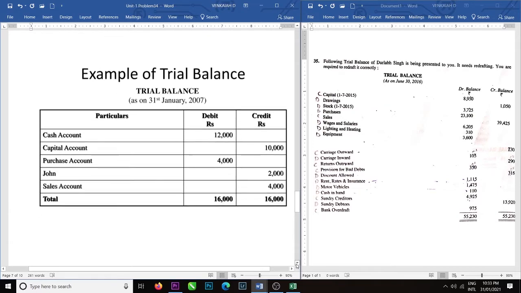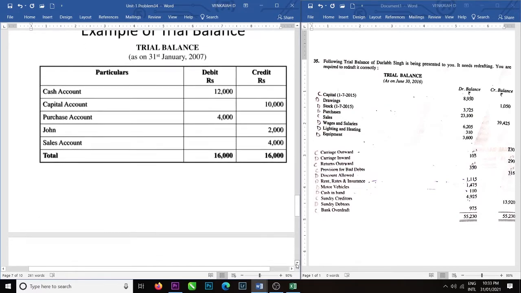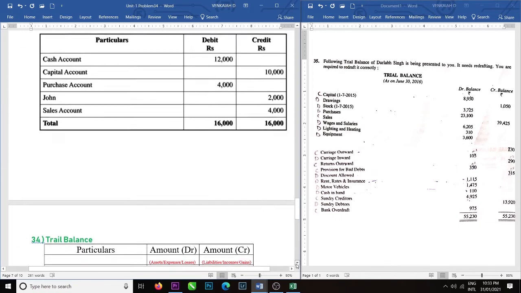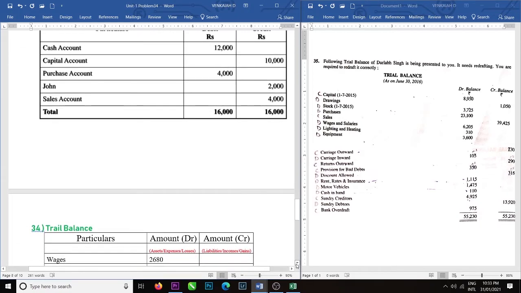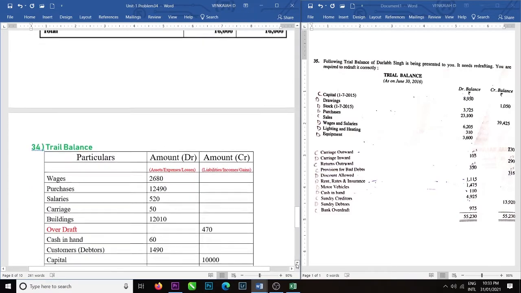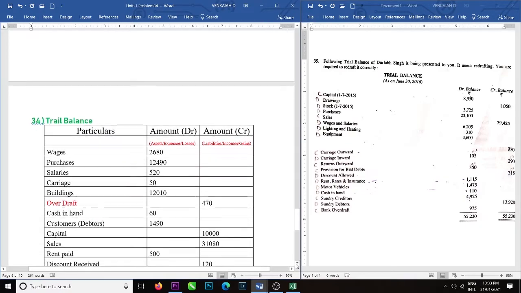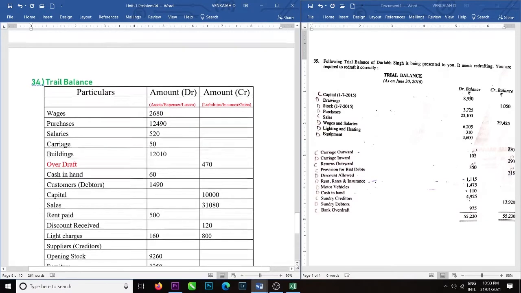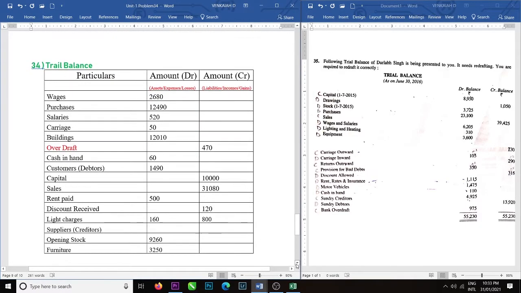Cash is an asset, capital is a liability, purchases are debit. John is a creditor, showed on the credit side. Sales are always credit. So, we have to remember: on the debit side of trial balance, we will post assets, expenses, and losses. In contrast to these three, liabilities, incomes, and gains were posted on the credit side of trial balance.